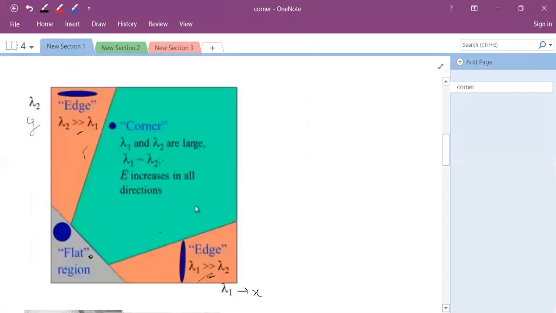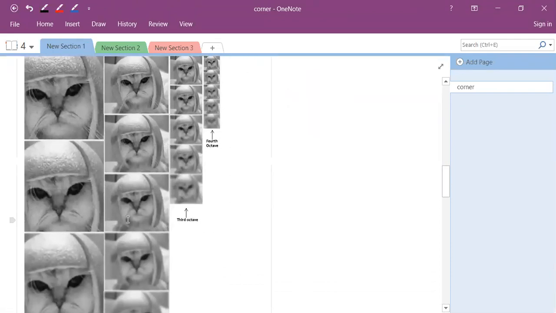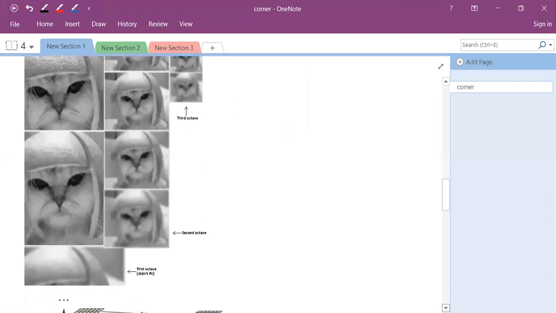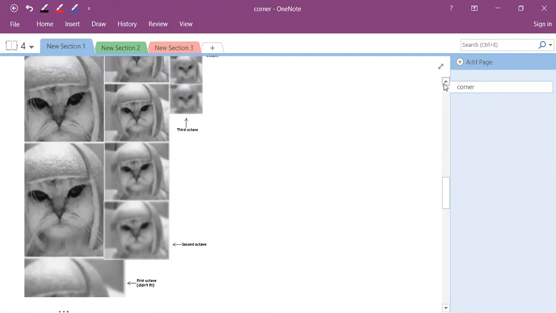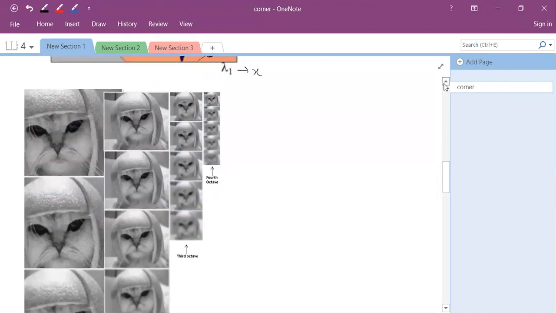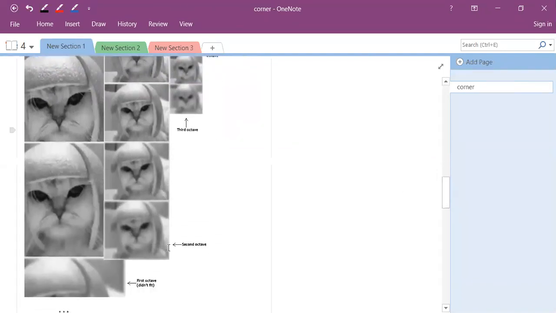In this diagram you can see one image of the cat, and there is an octave. This is the first octave. After applying the Gaussian blur filter and the scaling, or resizing, of the images, it goes towards the second octave. From upwards to downwards, there is a difference in blurring quality as well as scaling quality.